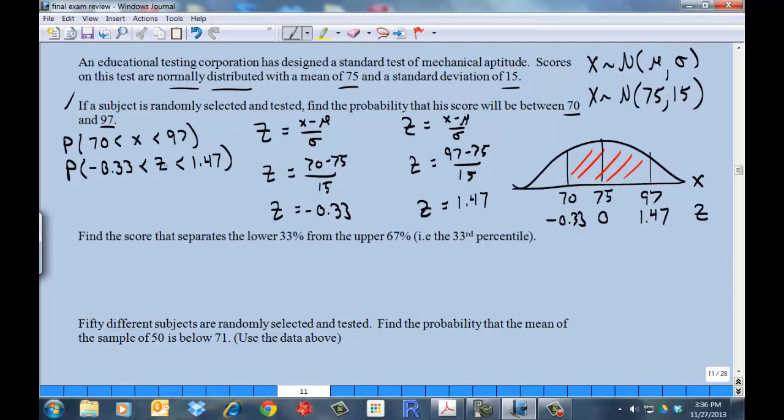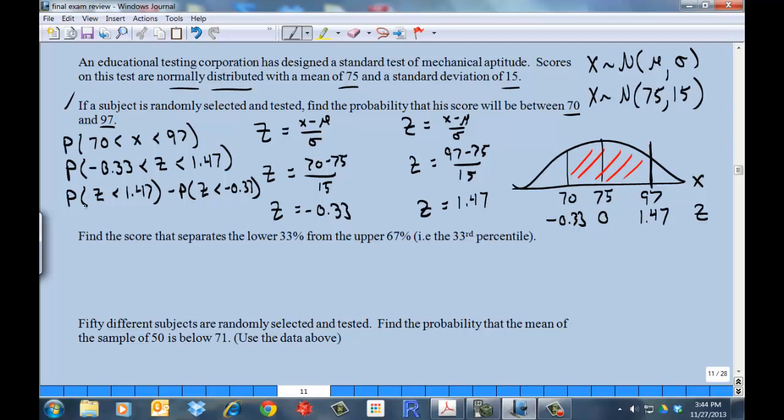Now remember, we studied how to find the area under the standard normal between two values, and we talked about how when we look up 1.47, it gives us the area from this point back, and then we look up minus 0.33, and it gives us the area from that point back. So if we take the difference, we get what's in between. So this becomes the probability that z is less than 1.47 minus the probability that z is less than minus 0.33.